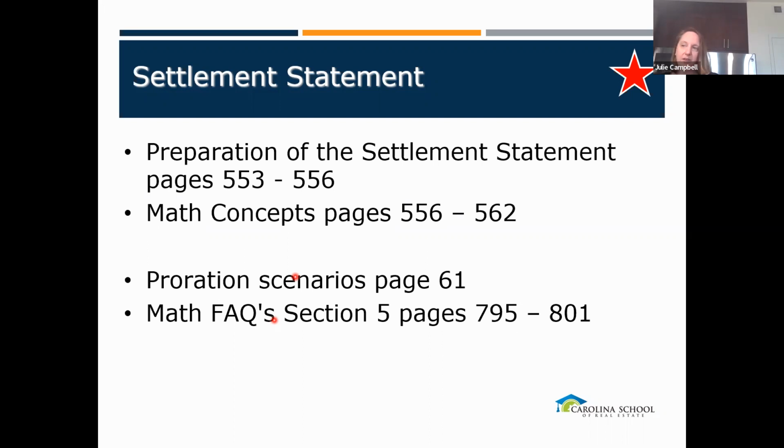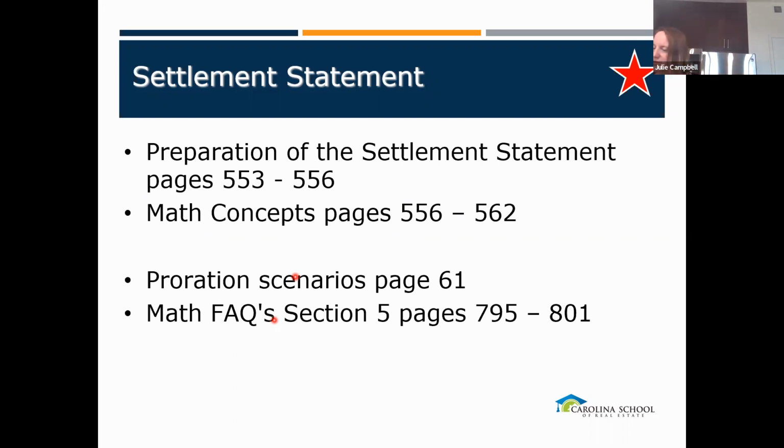This is a great place to start, and this is what I want you spending time with over the next week. We need to know things that are typically debits to the seller, credits to the seller, debits to the buyer, and credits to the buyer. A debit just means the party owes that fee. A credit means they have money coming in on their behalf.